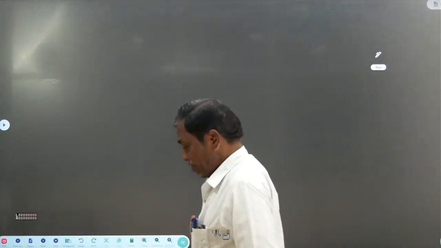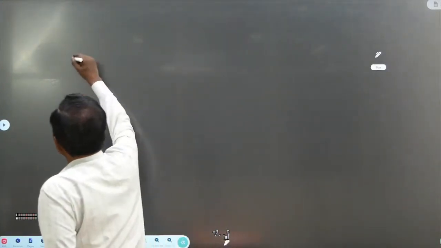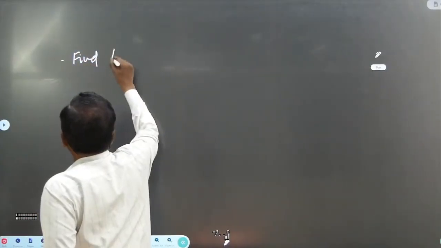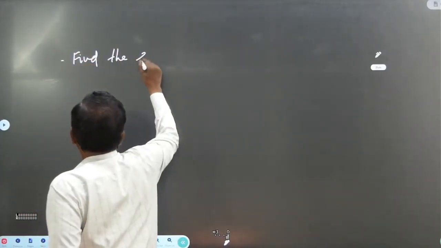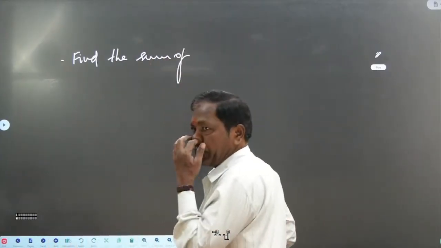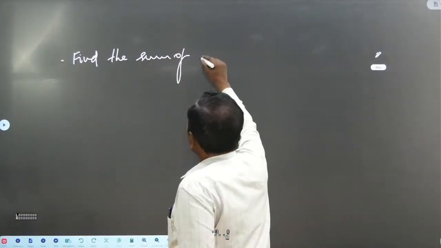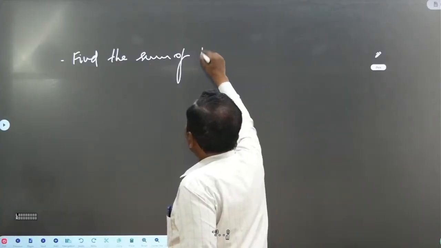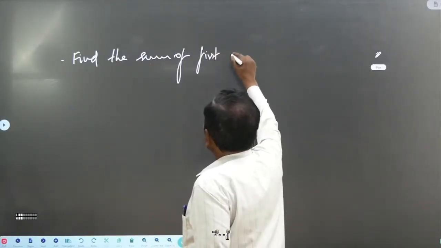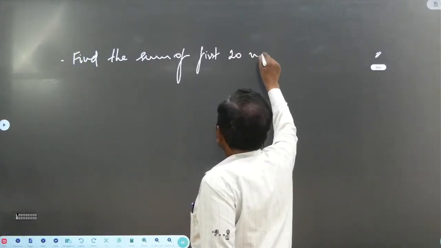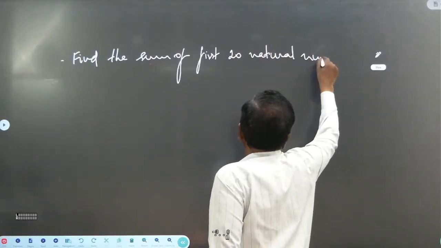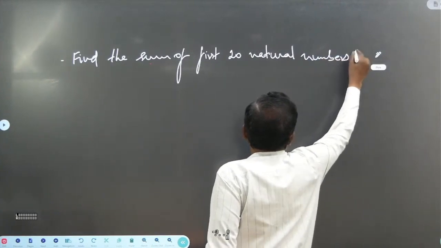Okay. And next you can see, find the sum of first 20 natural numbers.